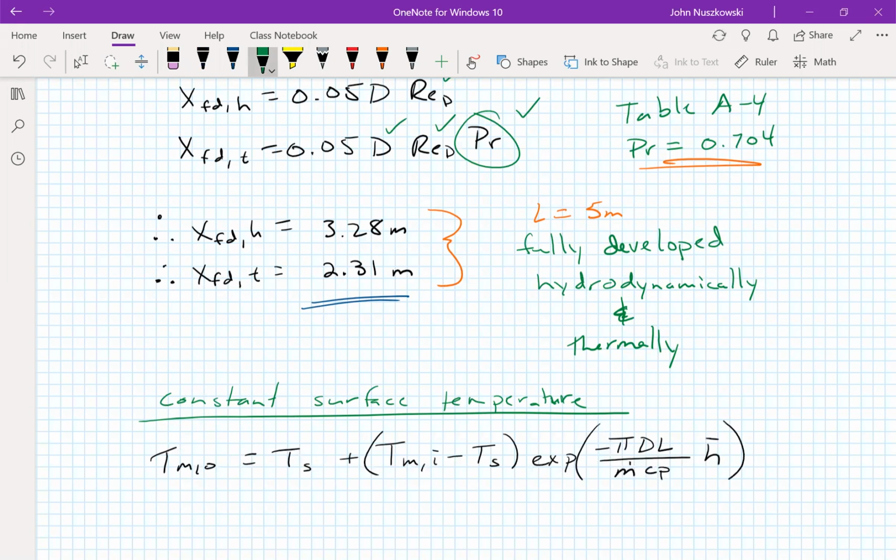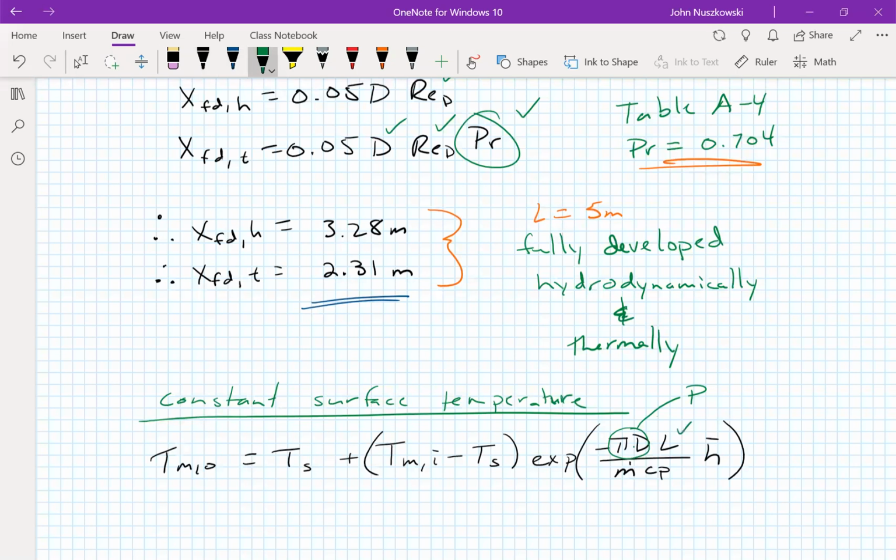So if we look at this, we have diameter and length. The perimeter is pi d, or I shouldn't say this, it's d times L. Let me rewrite that. So that's perimeter.